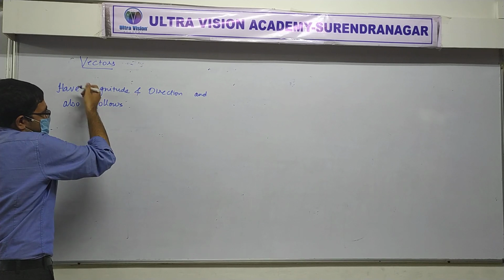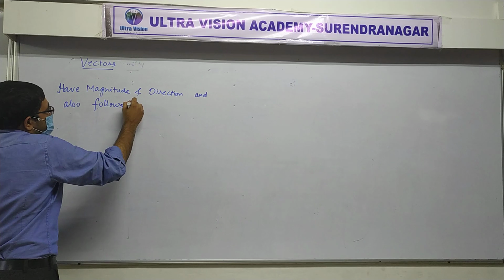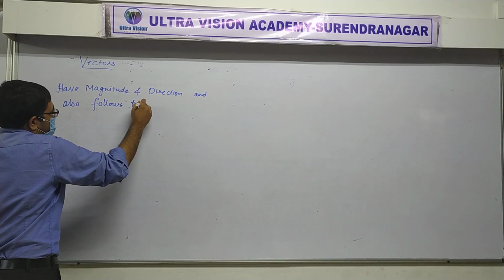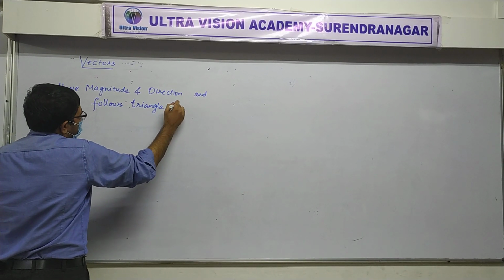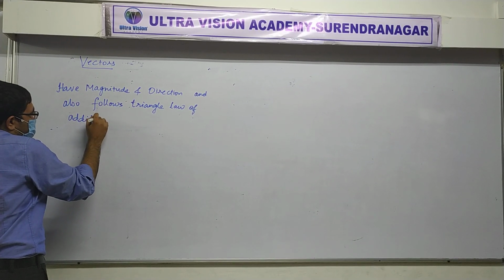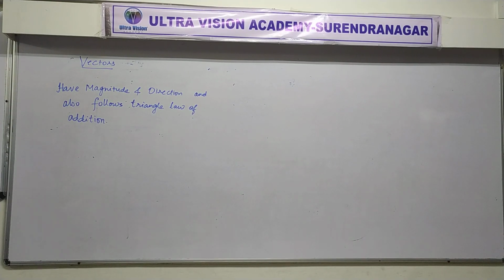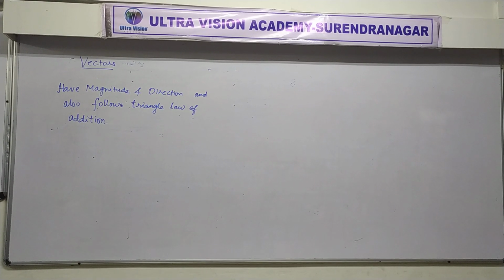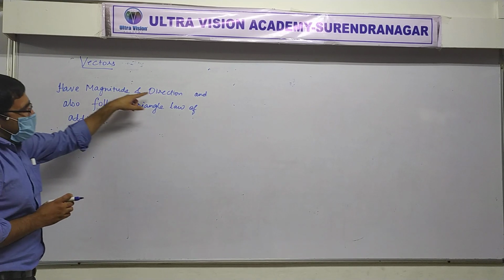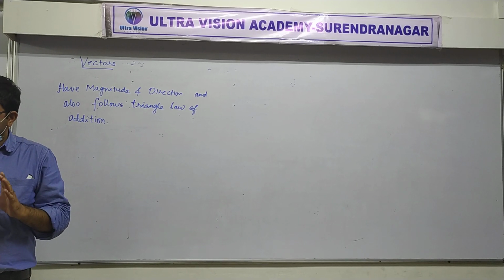A vector is something that has a magnitude, has a direction, and also follows the triangle law of addition. Only then is it called a vector. Otherwise it's not called a vector. We are going to cover the triangle law of addition very soon. So just having a magnitude and a direction does not make it a vector. Let me be clear about that.